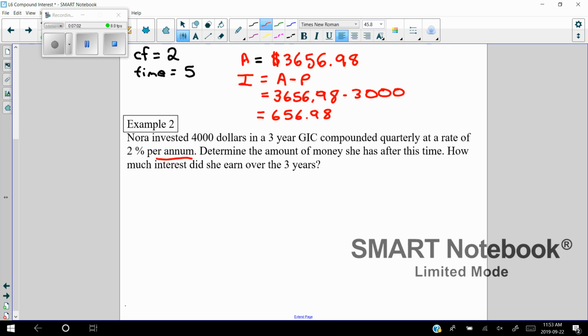So once again, I am trying to find A. A is equal to my initial investment of $4,000 times 1 plus my interest rate, 0.02, divided by my compounding factor, which in this case is 1 because it's per annum, to the power of my time times my compounding factor. So in this case, the 1 isn't going to make a big difference. Go ahead and type that into your calculator.